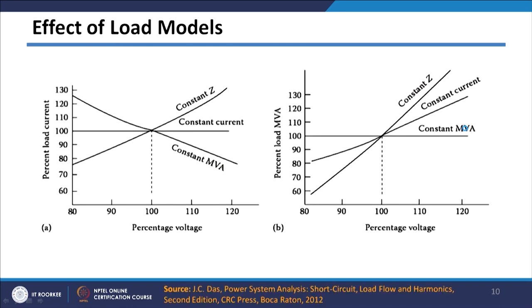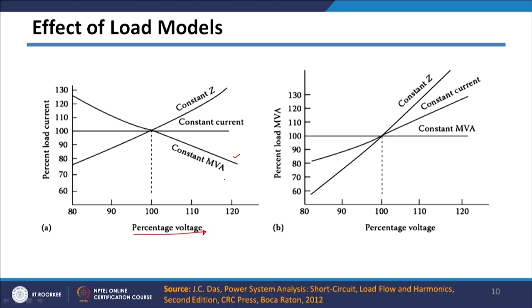Let us see the effect of these load models on current as well as power. In case of current, we have seen that for a constant MVA load, whenever the voltage is increasing, to keep the power constant, the current has to decrease.